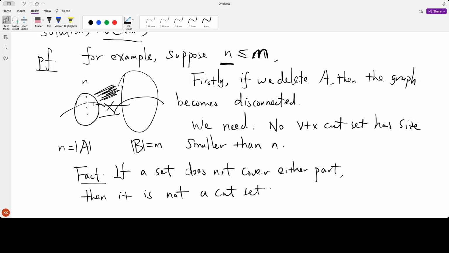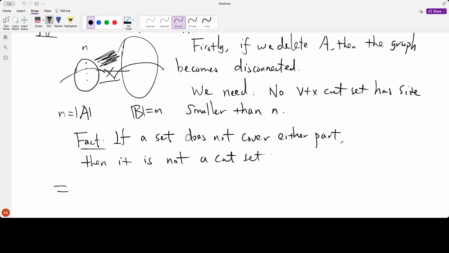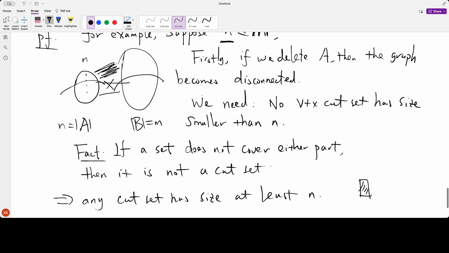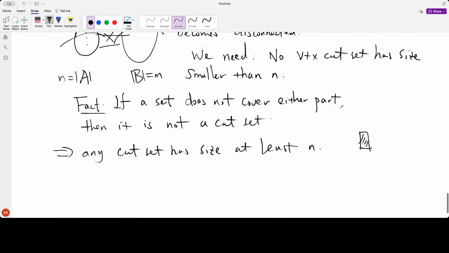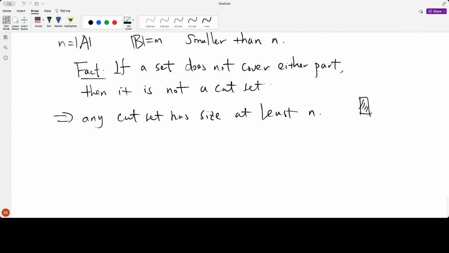Okay, so this fact implies that any cut set has size at least n. Okay, is it clear?